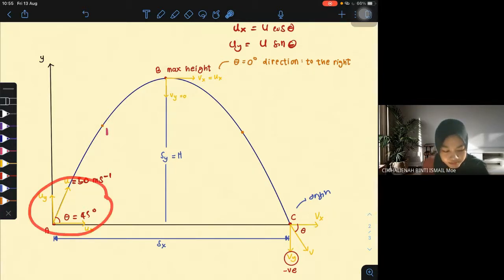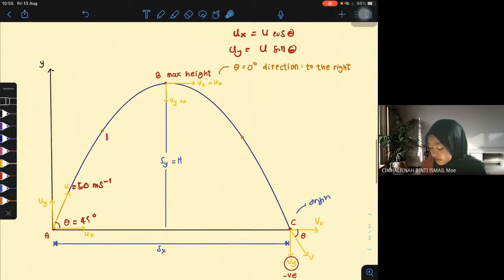It's still the same, velocity is still 50 meter per second. And the angle also will be the same. So when it is below, Vy is also negative. This one we will look at in an example so that you understand better.